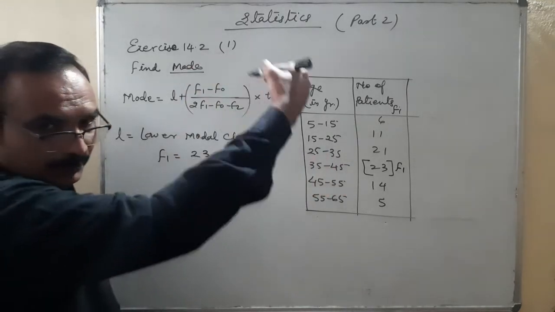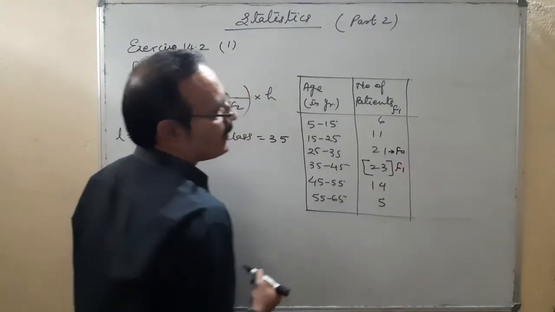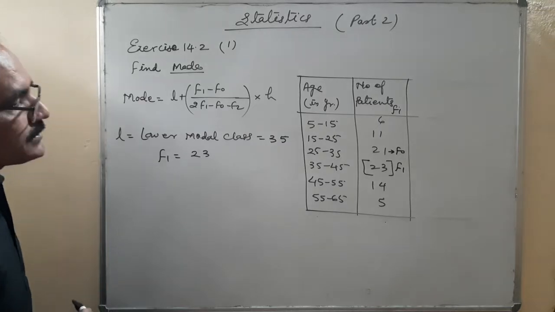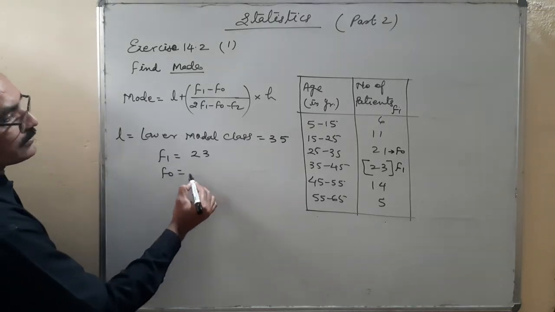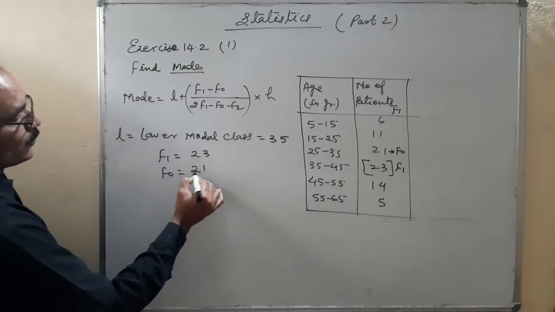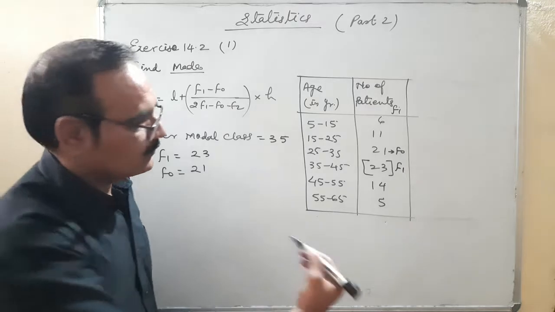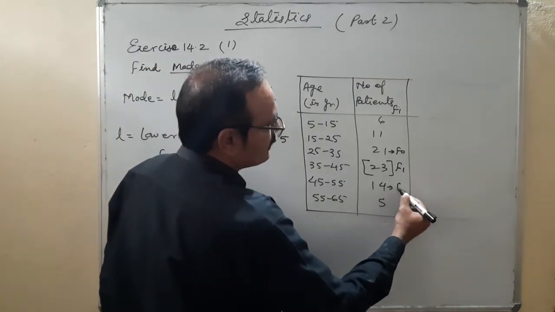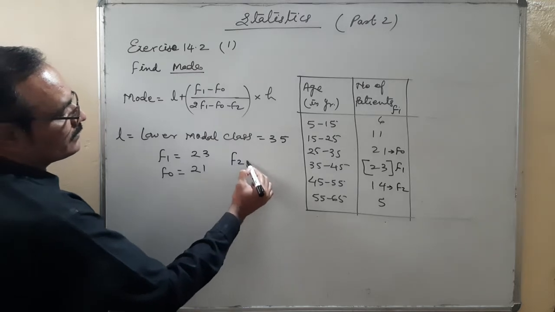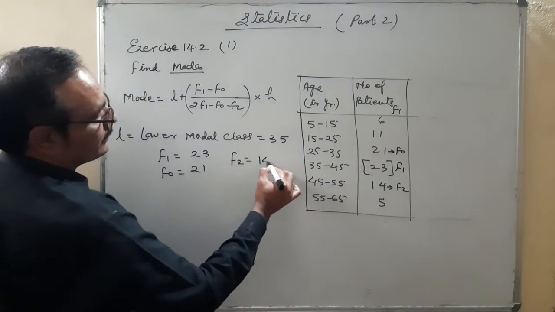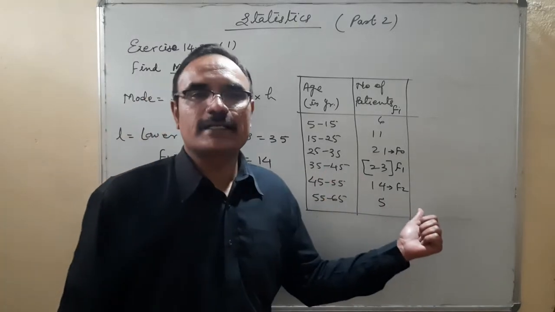The preceding term is F0. F0 is equal to 21. This is the preceding number of F1. F2 is the next number, so F2 is equal to 14, the succeeding number. That is the preceding number and that is the succeeding number.